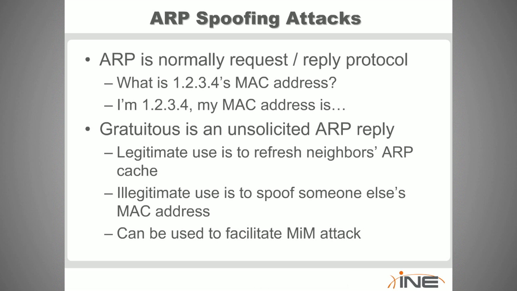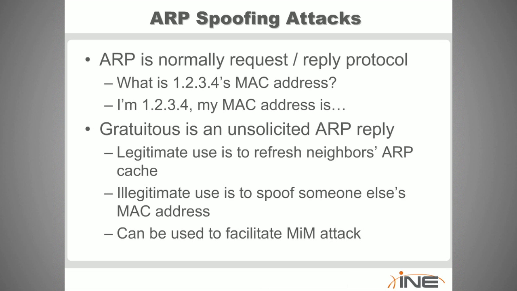Now the problem you can run into is that just like DHCP, there's no built-in safeguards to make sure that the ARP reply is actually coming from the legitimate device. Now, Address Resolution Protocol supports something known as a gratuitous ARP, which basically means an ARP reply that was sent without someone requesting it in the first place.